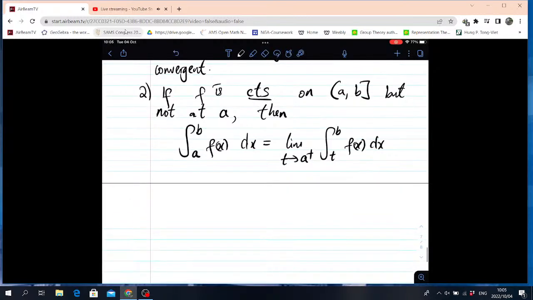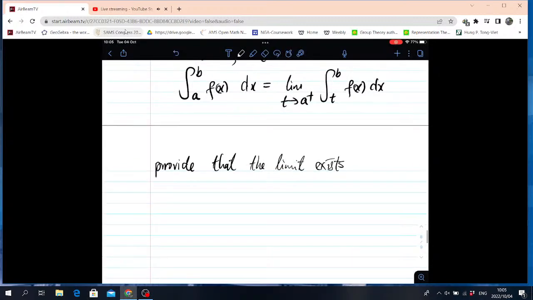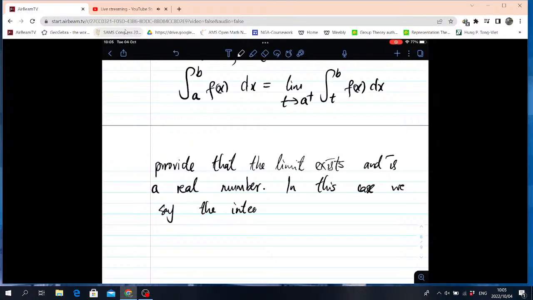And again, this is provided that the limit exists and is a real number, and then again in this case we say the integral is convergent, as expected.